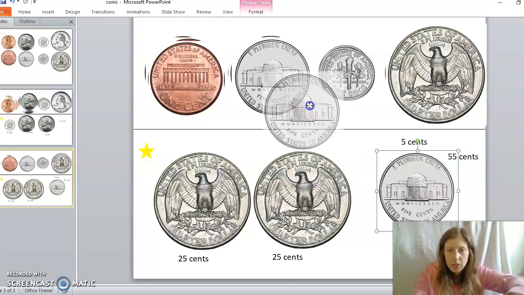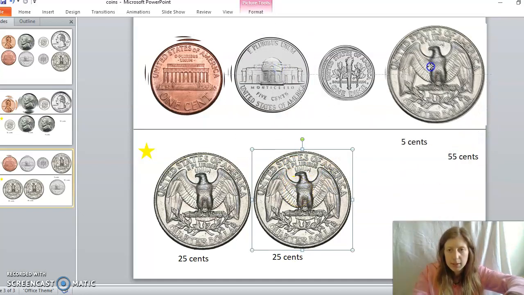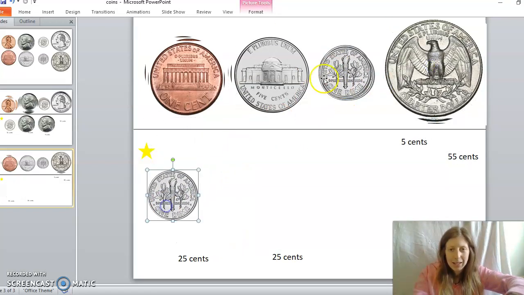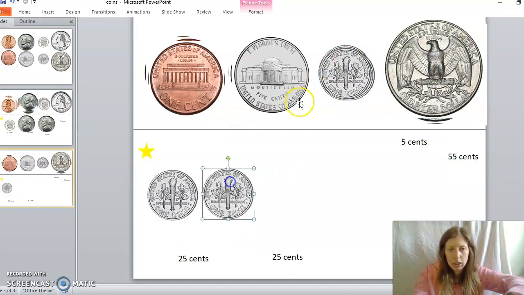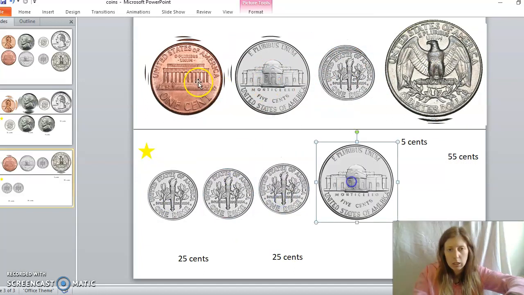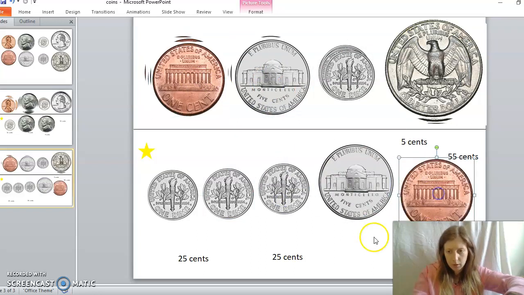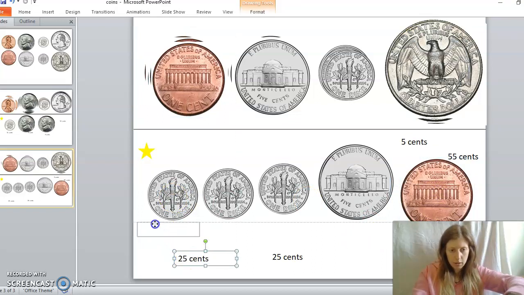Now, let's try another one. I'm going to put these back. Let's get some pennies in there. Okay, I have 3 dimes, and it says it right on it too, actually.